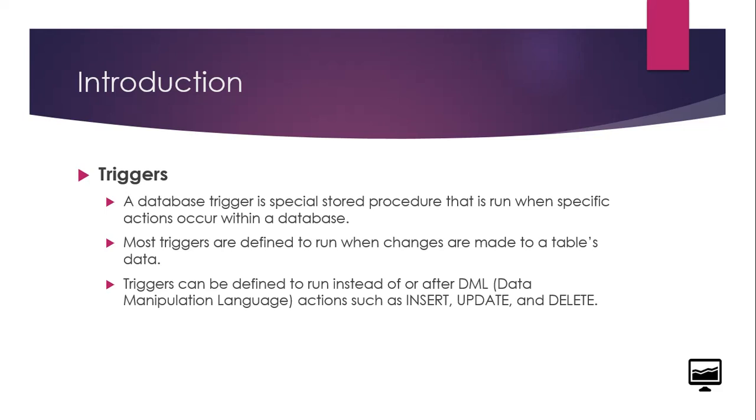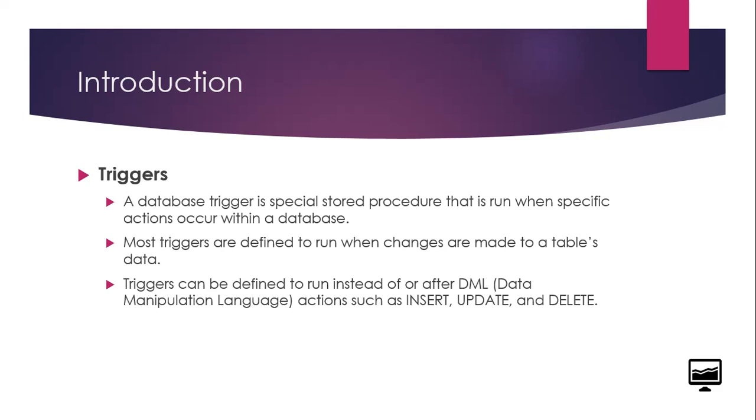So a database trigger is a special store procedure that is run when a specific action occurs within a database. Most triggers are defined to run when changes are made to a table's data, as I said about the product's price. Triggers can be defined to run instead of or after DML actions such as insert, update and delete.